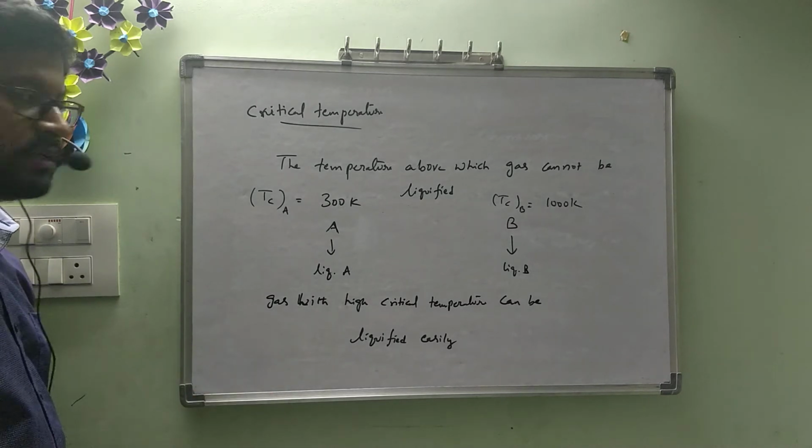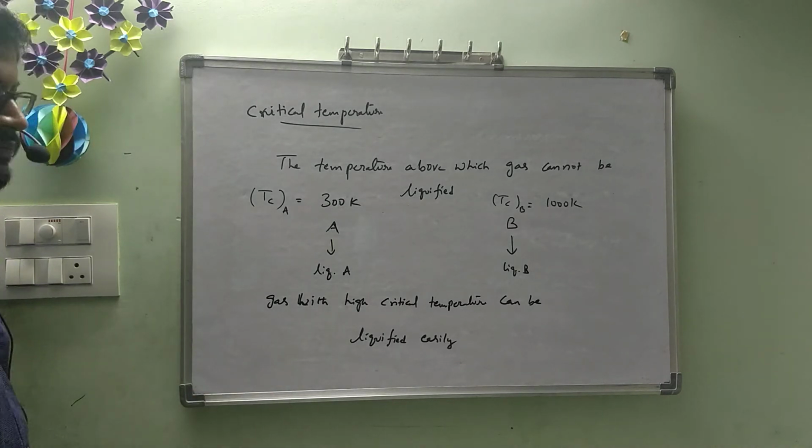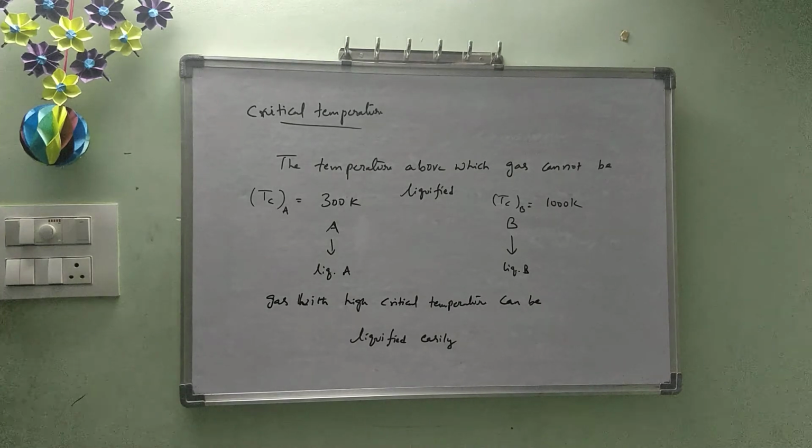This is the explanation regarding critical temperature. Now what is the definition once again? The temperature above which gas cannot be liquefied, that is called critical temperature.